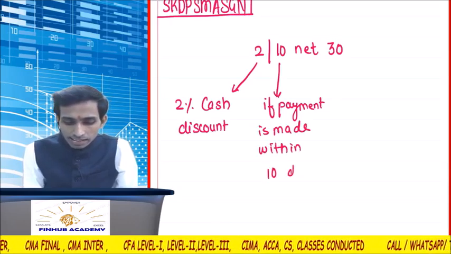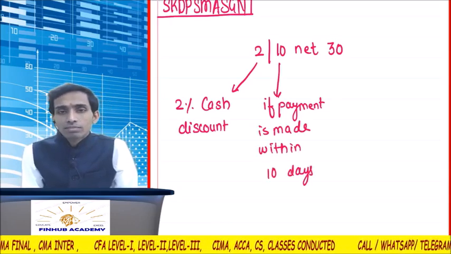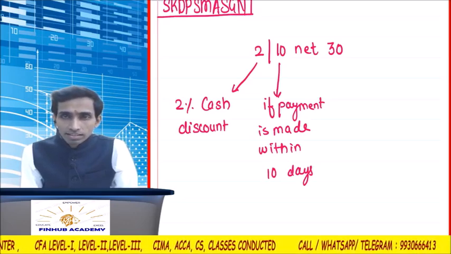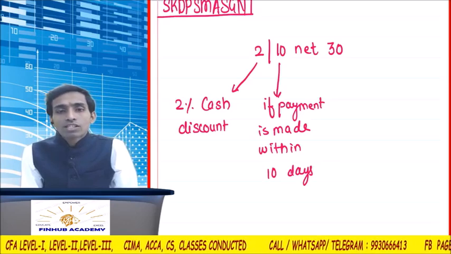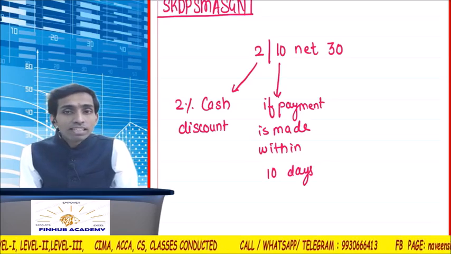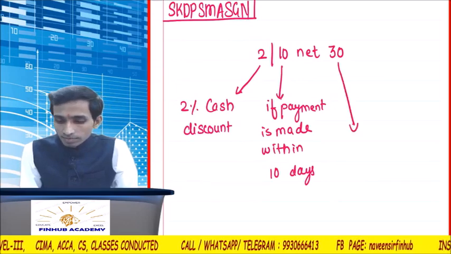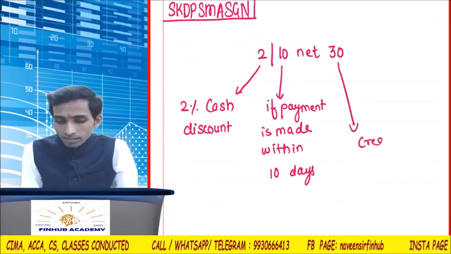This is called the credit term. 2 by 10 net 30 means 2% cash discount if the payment is made within 10 days of the sale. This is the credit period.